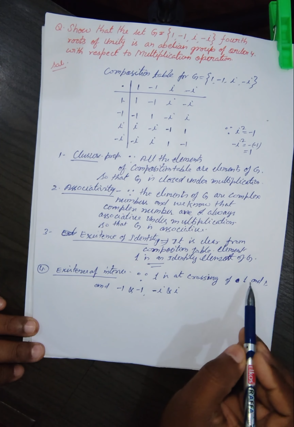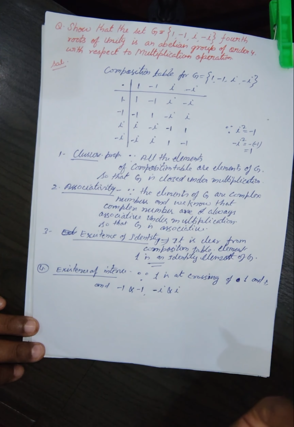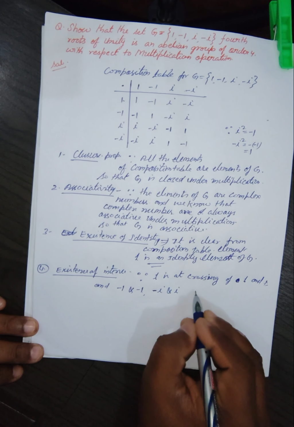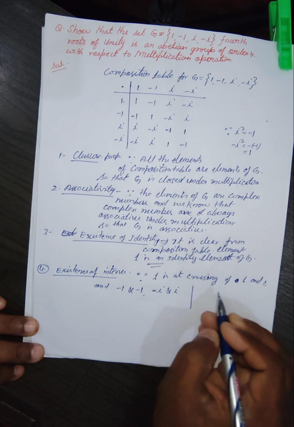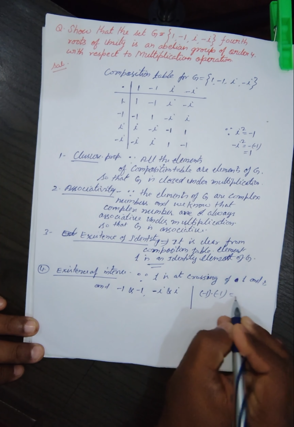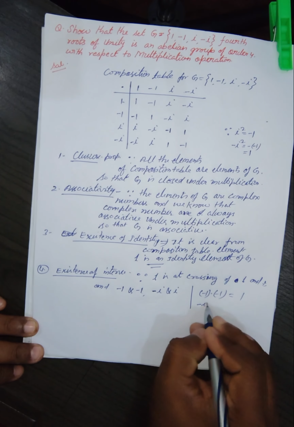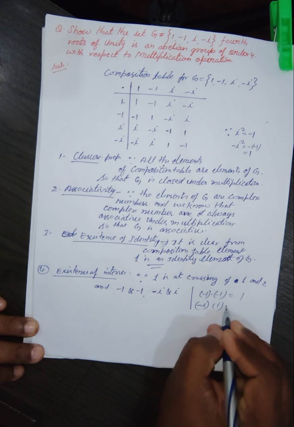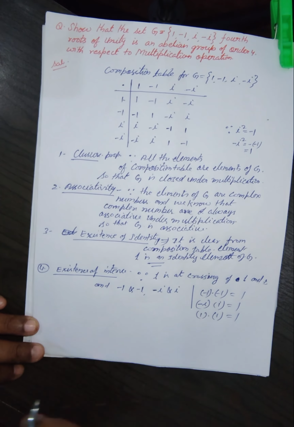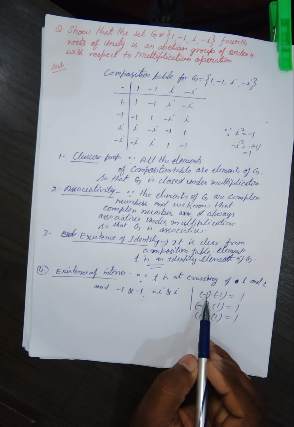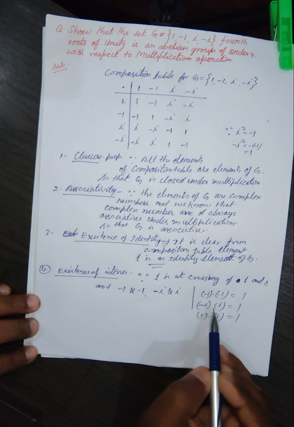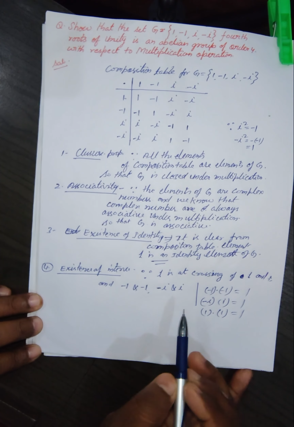When we multiply 1 with 1, we get the identity. Minus 1 multiplied by minus 1 gives 1, and i times minus i gives 1. So 1 is the inverse of 1, minus 1 is the inverse of minus 1, and i is the inverse of minus i.